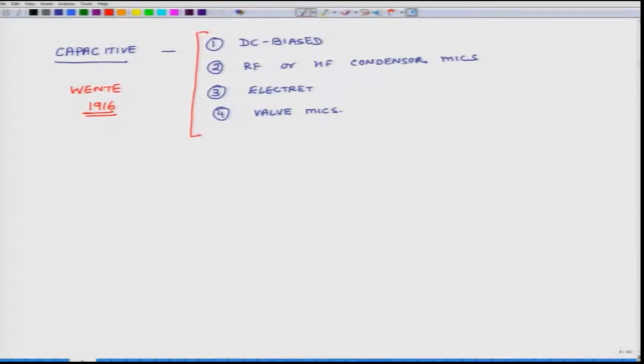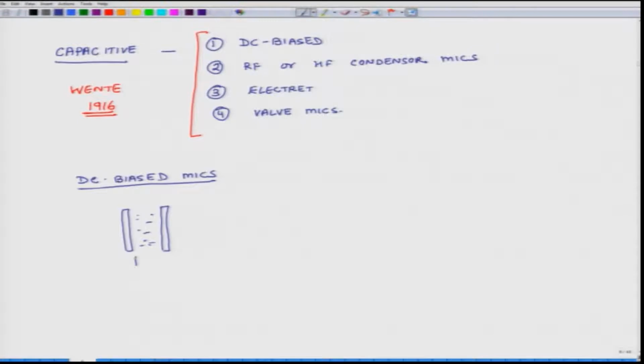So, we will talk about DC biased mics. As I explained, you have a fixed plate and a vibrating diaphragm. Of course, you can have either air or some dielectric material between these two plates.